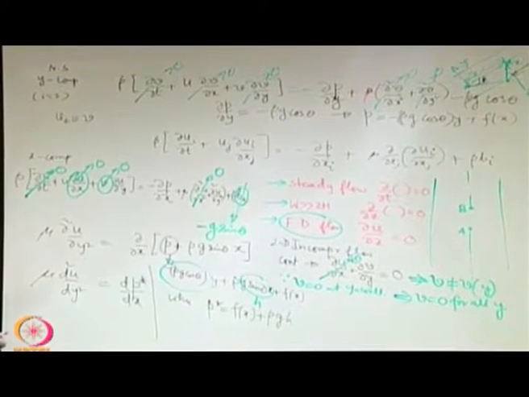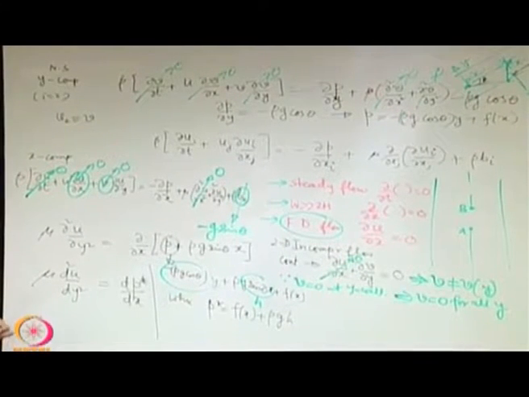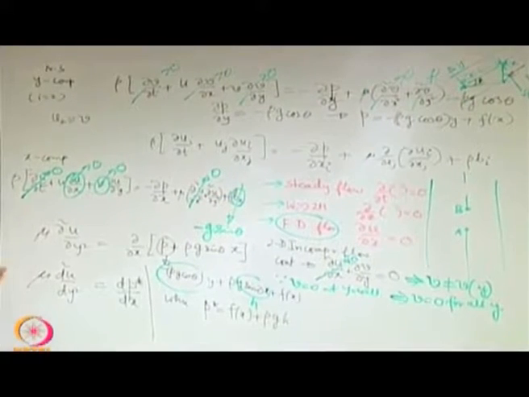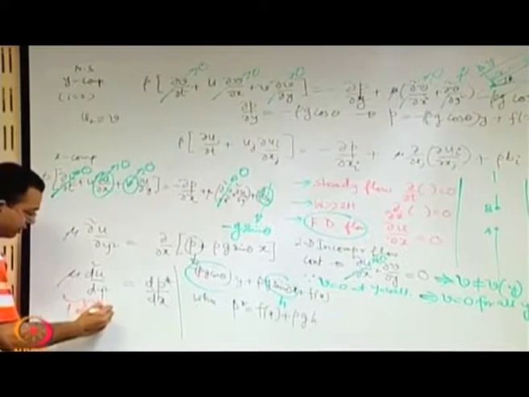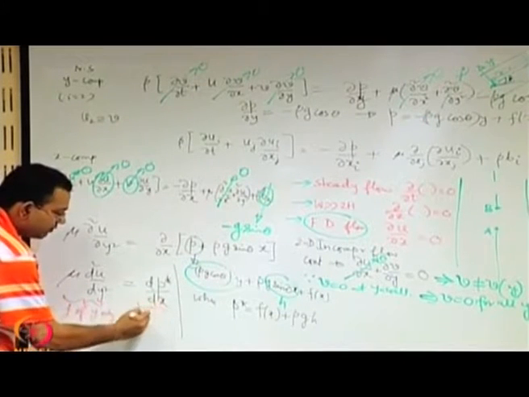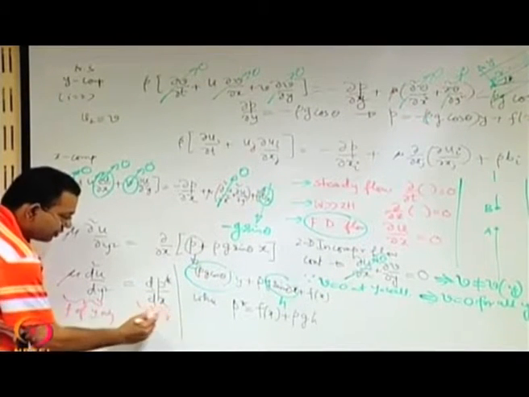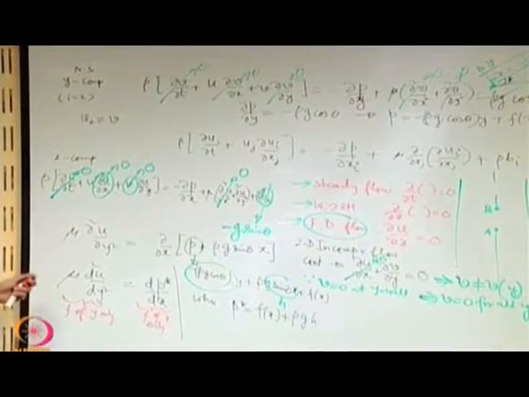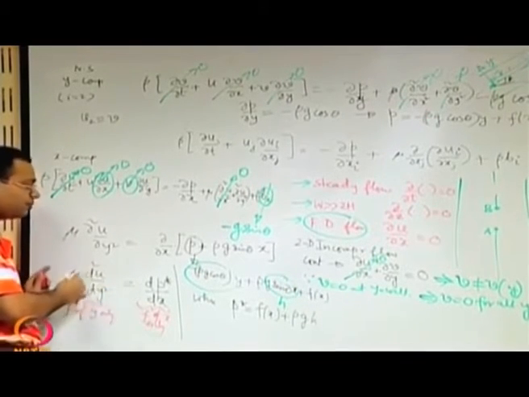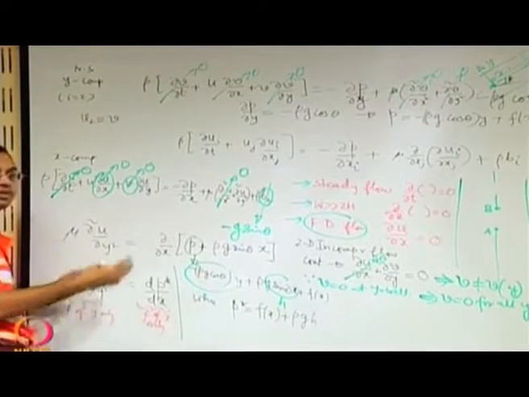So now you have an equation where the left hand side is a function of y only, and the right hand side is a function of x only, right. It is possible only when each is a constant, otherwise you cannot have an effect where some function of x will nullify some function of y.